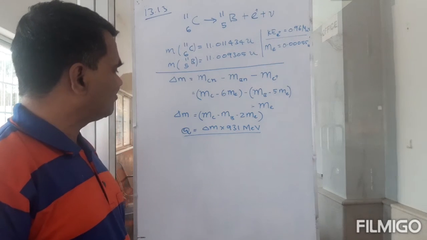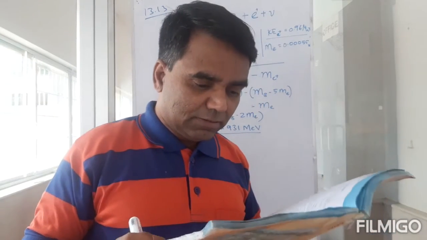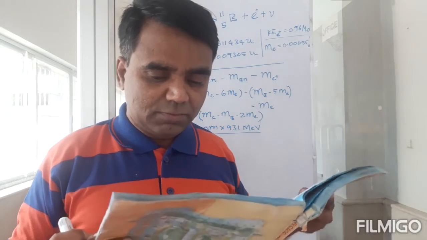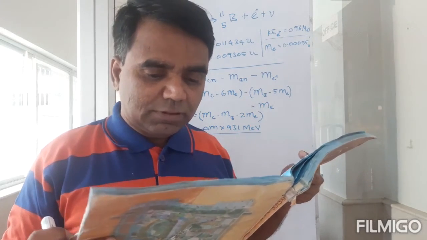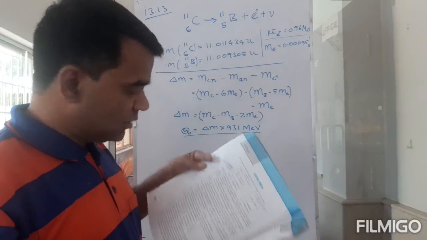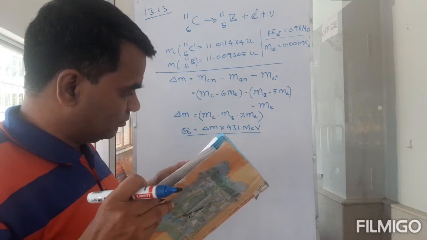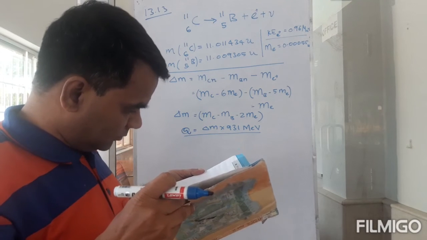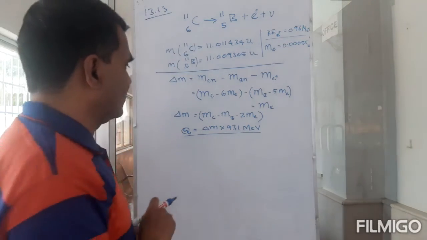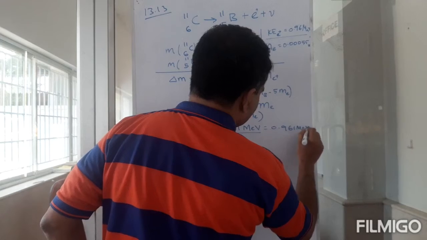Okay, you will get some value, I suppose. Then you compare that with the energy of the positron emitter. The positron energy is about 0.96 MeV, and if I do this, I'm supposed to get again 0.961 MeV.